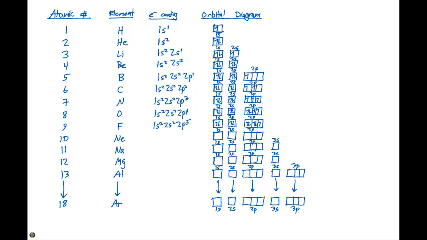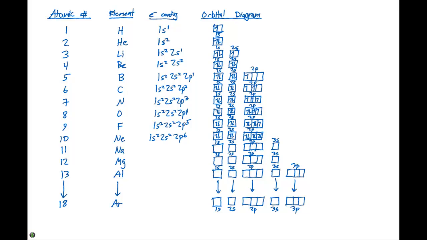For neon, which is our noble gas, we go 10 electrons, or 1s2, 2s2, 2p6. So we have to fill up the 1s and the 2s orbital, and now we need 6 electrons in this p block. So we go 1, 2, 3, 4, 5, 6.